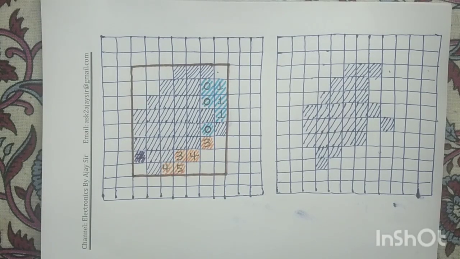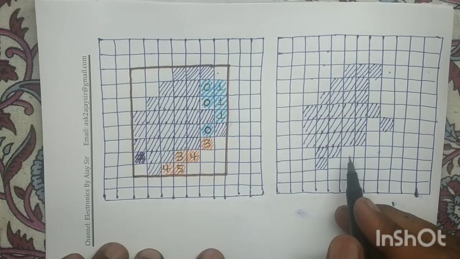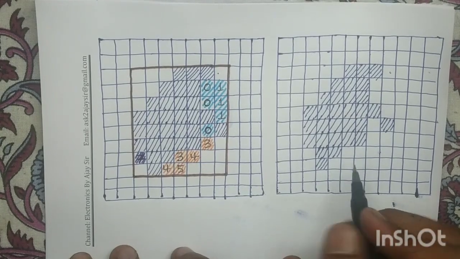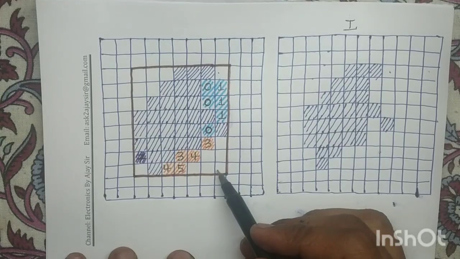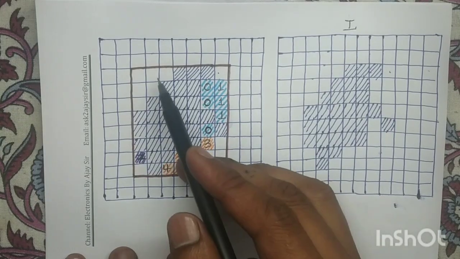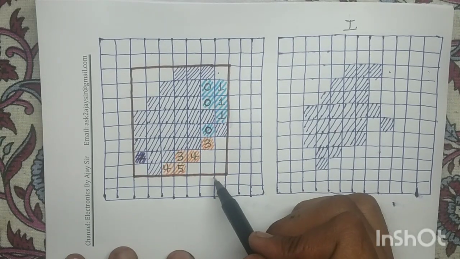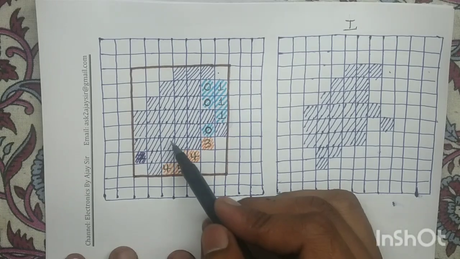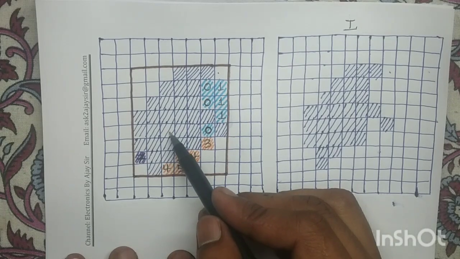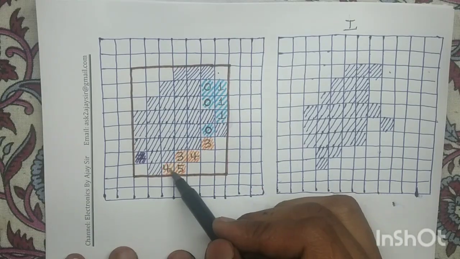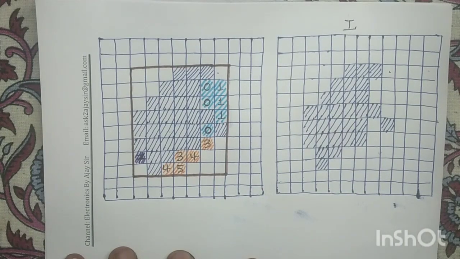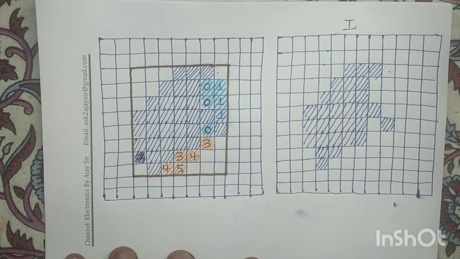So now look here. This is my original object set I, and this is the minimal set. This brown line represents the minimal set which contains the original object set I, and these are the hit points which belong to the different structuring elements B0, B1, B2, and B3.